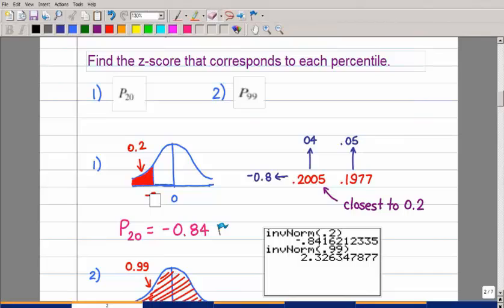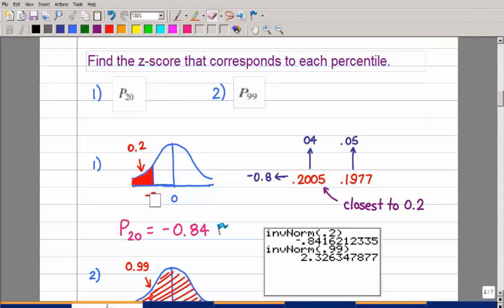Now the next one, the 99th percentile. So I'll go back to the cumulative normal chart, closest to 0.99, and let's see what we have here. 0.99 would fit right between those two numbers, 9898 and 9901.